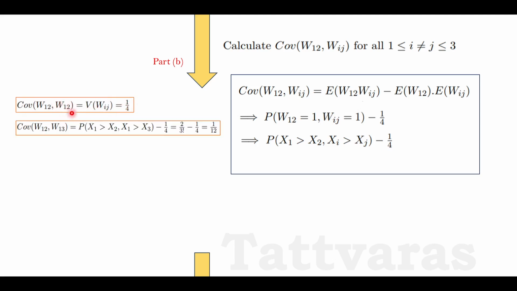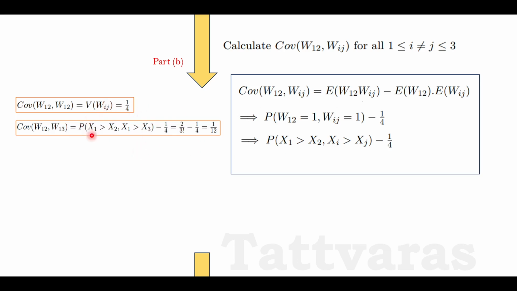Now what about when i, j are not 1, 2, say W12 and W13? So we'll follow this form. Following this, we get this probability minus 1 by 4. Now what is this probability? This is basically an arrangement, right? And in the second result that we mentioned, we know how to calculate the probability of arrangements of IID variables.